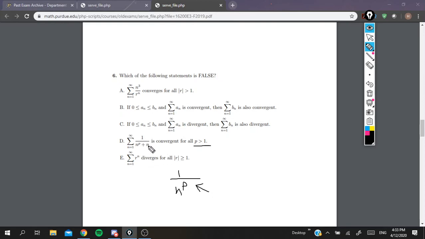And since it's going to be a little bit smaller, since the denominator is a little bigger, then when you compare these, this should be convergent. And this is divergent as the geometric series one. So if r is less than one, then it converges. If it's more than one, then it diverges.